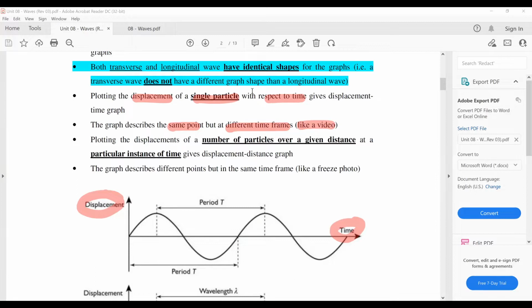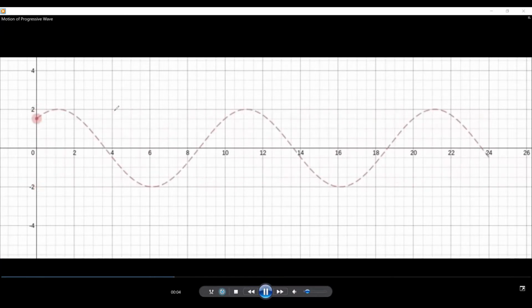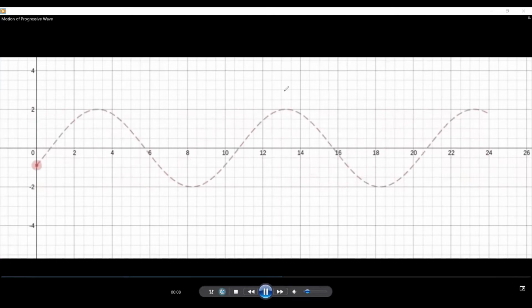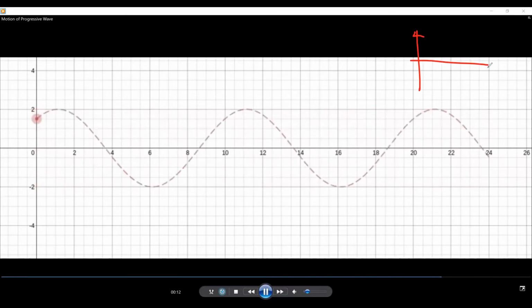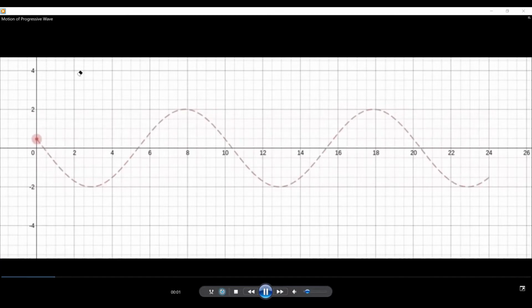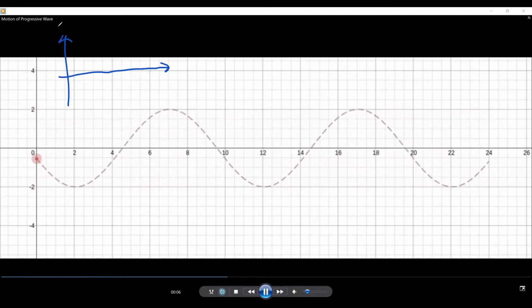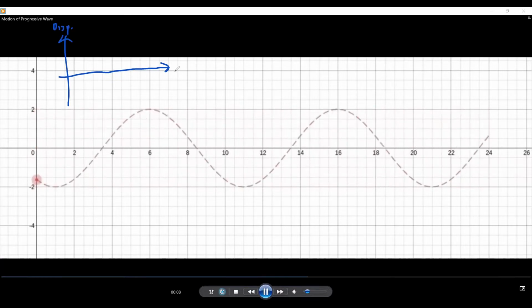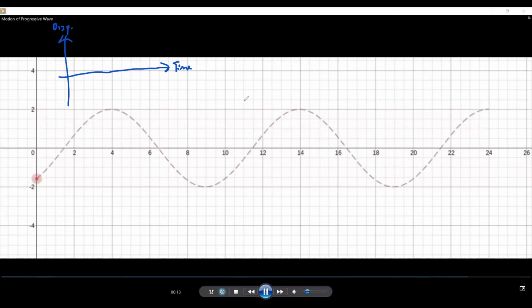If I refer back to that little animation, this one here, say this is your transverse progressive wave. If I wanted to plot a graph of displacement time, wait, now let me erase this one. If I wanted to plot a graph of displacement time, what we usually do is that we pick any single point on the wave.